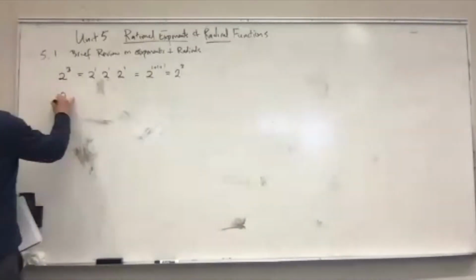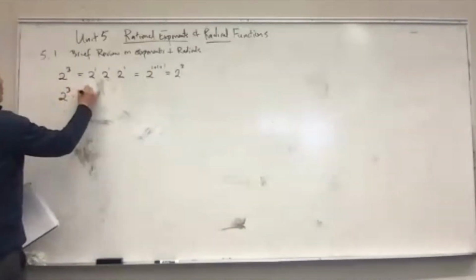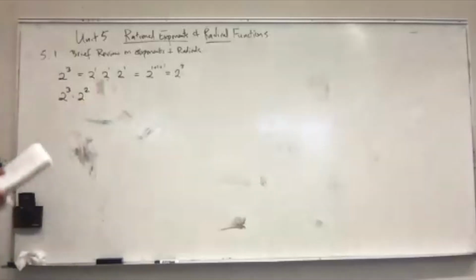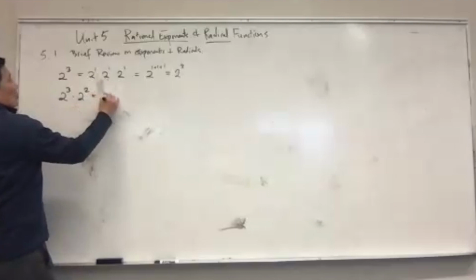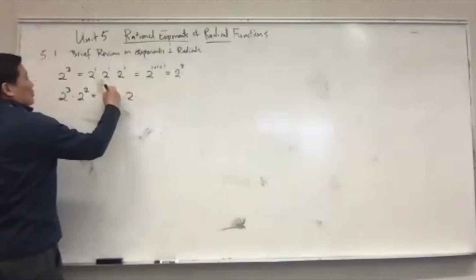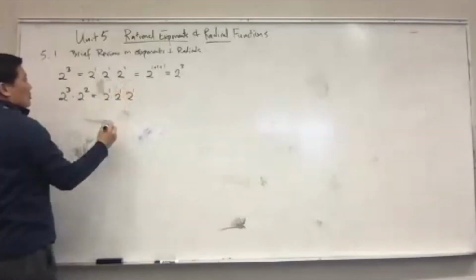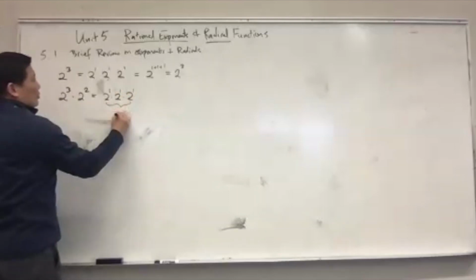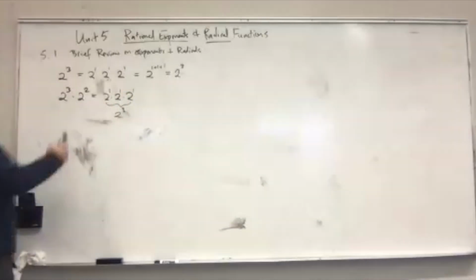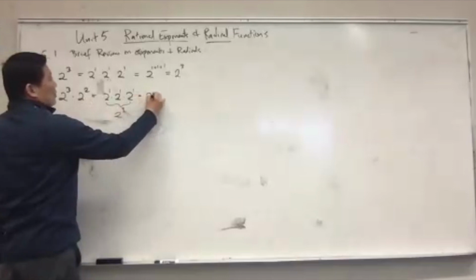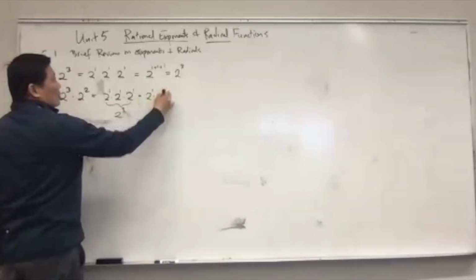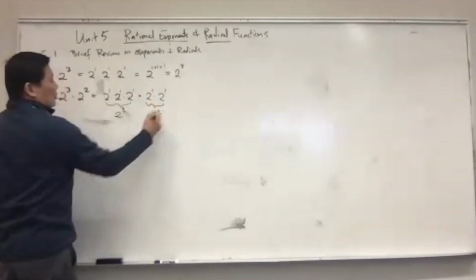So if you have 2 to the third power times 2 squared, the 2 to the third power is 2 times 2 times 2, 2 to the 1 power, 2 to the 1 power, 2 to the 1 power. Multiply by 2 times 2, or 2 to the 1 power, 2 to the 1 power. This is 2 squared.